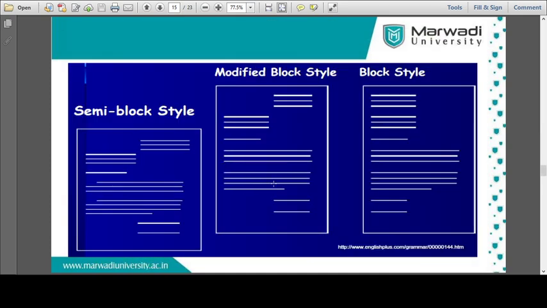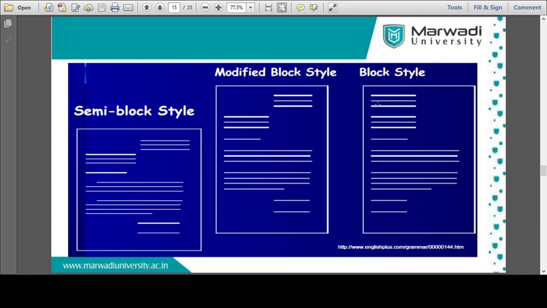If you see, all these three are formal. There are more than these three styles, but these are the most famous styles that I am showing you on your screen. But right now, in the 21st century, generally block style is very famous, apart from semi-block and modified block style. So it depends on your subject, as well as on the message you want to pass.